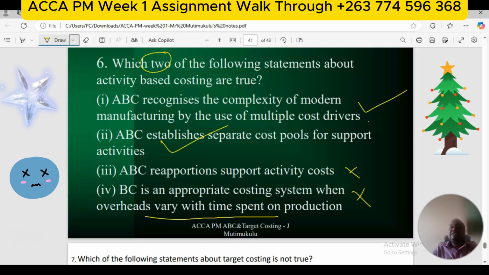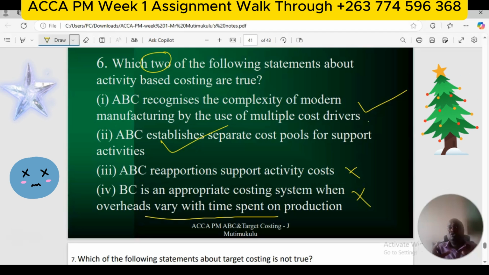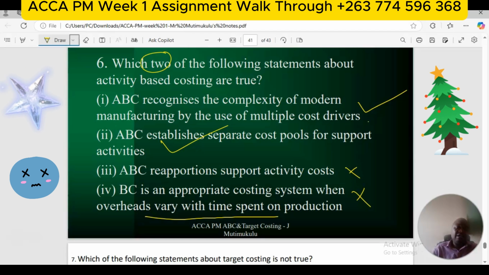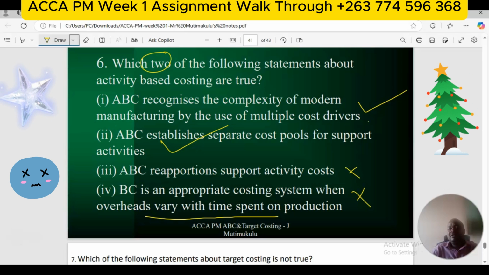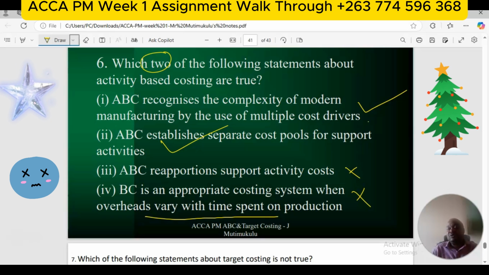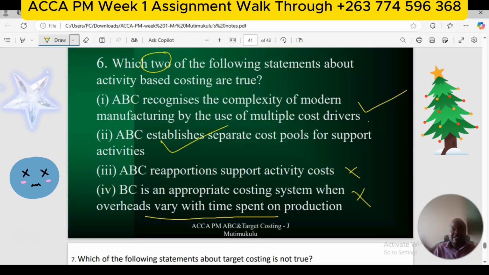So ABC doesn't actually work in that context, right? Cost should be driven by something else other than time, and then we can safely recommend the use of ABC in those situations. Other than that, just do absorption costing the traditional way, and you can be fine because your costs vary in terms of time, not in terms of everything else.